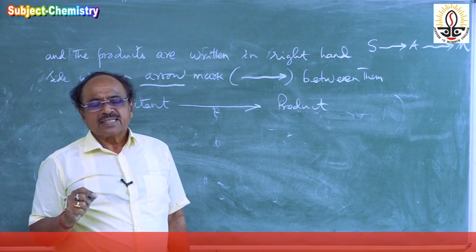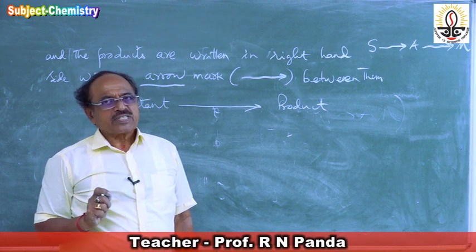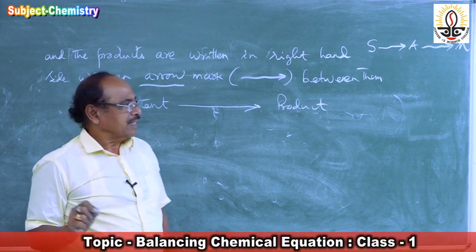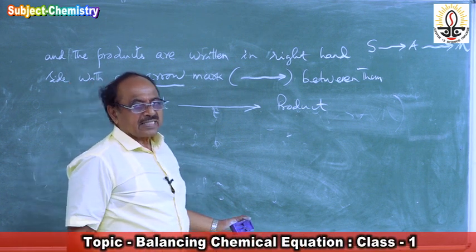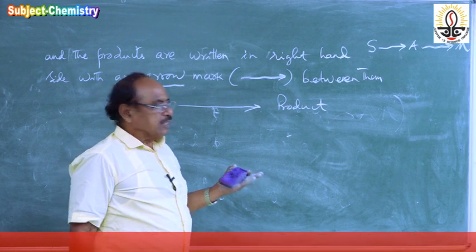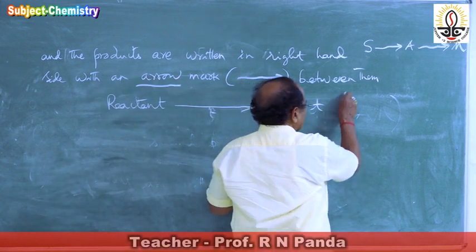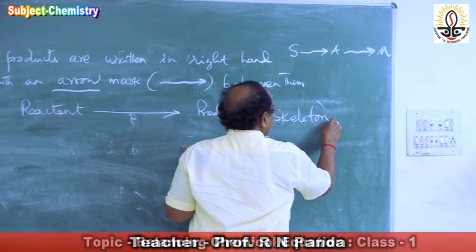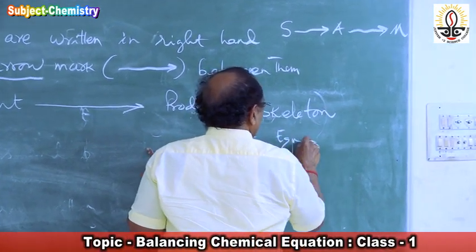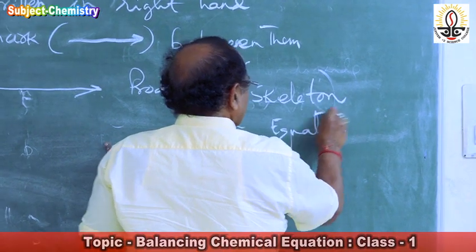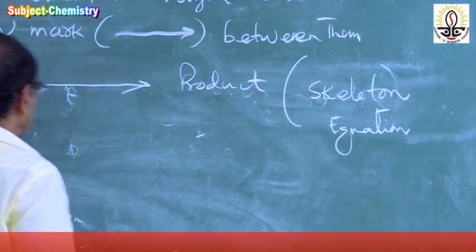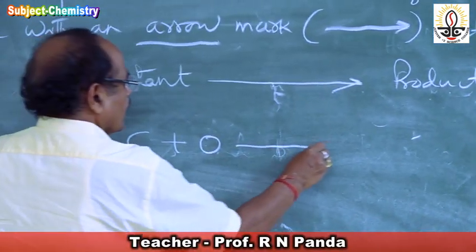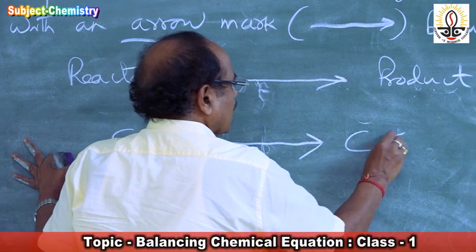Then second, the reactants are written on the left side and the products on the right side to obtain the skeleton equation. This is called the skeleton equation. Simple example I am telling you: carbon reacts with oxygen to form carbon dioxide.